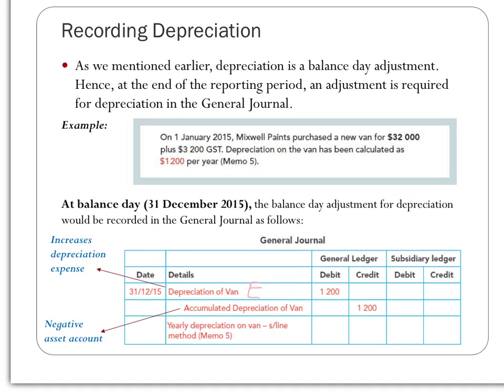This is what we call a negative asset account, and we'll talk about this more later on. Basically, it's an accumulation account of how much depreciation there is to date. The narration would be yearly depreciation on van using the straight line method, Memo 5.